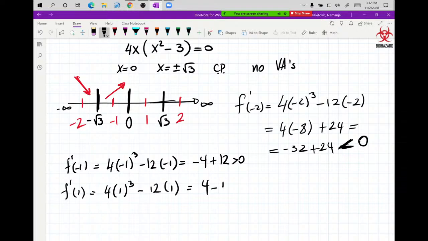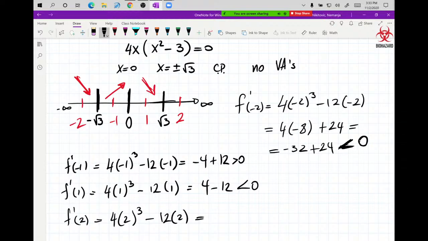That's going to be 4 minus 12. Well, that's going to be negative. So I'm going to put another decrease here. And finally, 2. That's 4 times 2 cubed minus 12 times 2, which is 32 minus 24. That's positive. 32 is bigger than 24.